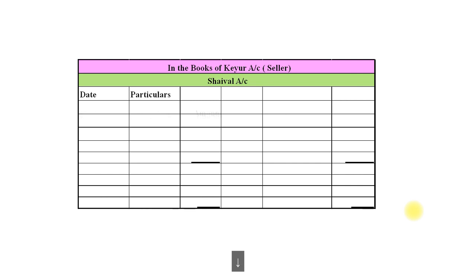So the first entry will be coming on 1/4/2008, Shaival account debit to sales, that is 1 lakh.